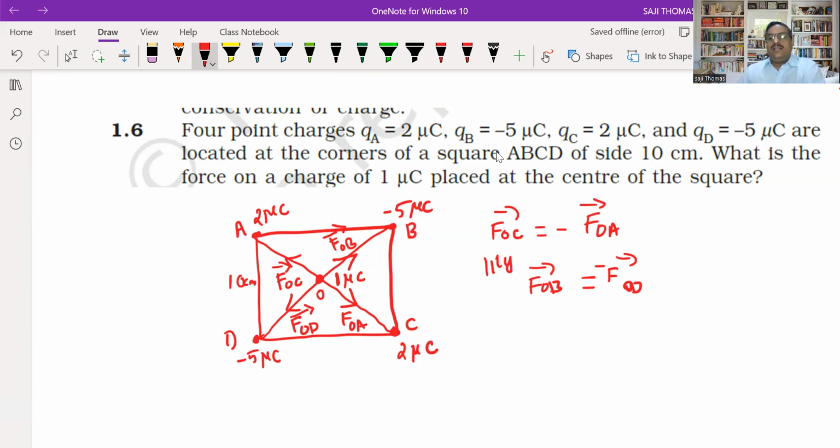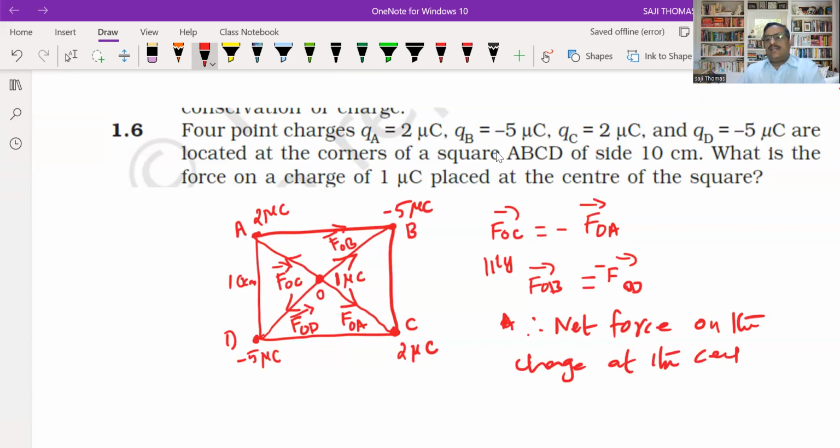They cancel all the forces. So therefore, the net force on the charge at the center is 0. So the charge at the center experiences 0 force.